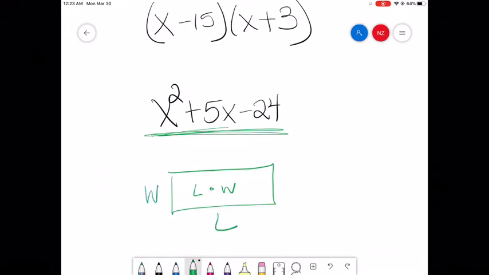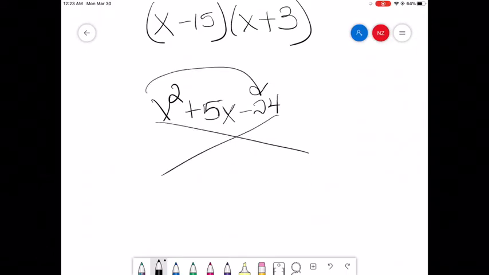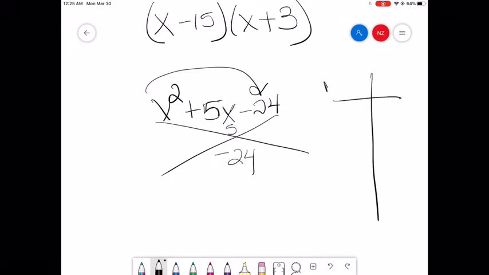In order to do that, we just find the factors by figuring out what multiplies to give us those numbers, and we can use the umbrella method to figure that out. A times C, drop down B. So I want to find what multiplies to give me negative 24, but adds to give me 5.